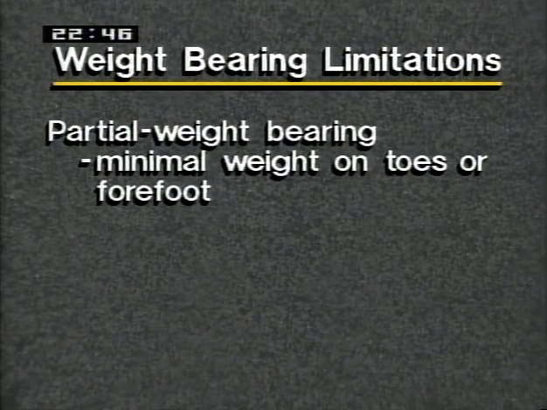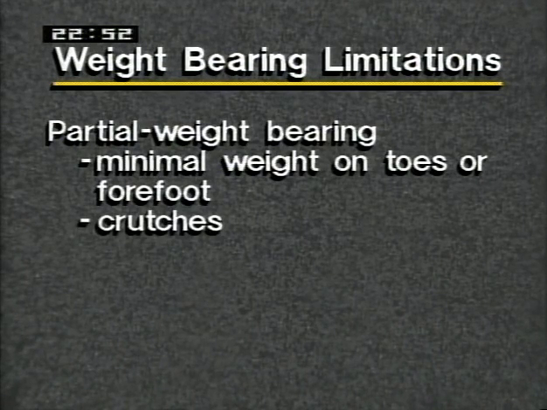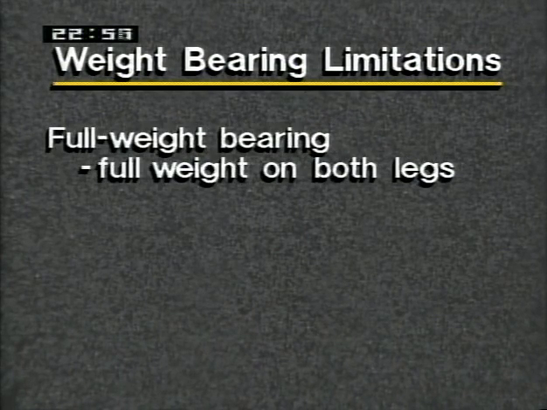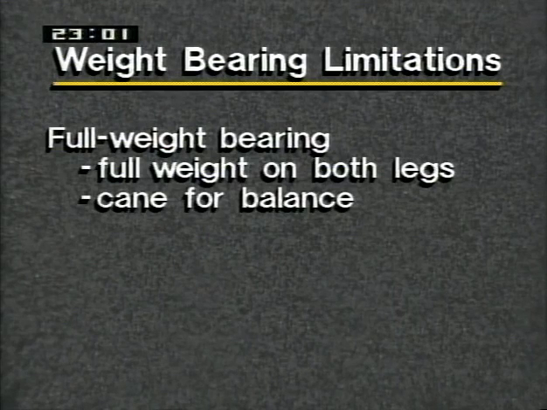Partial weight bearing means that minimal weight can be placed on the toes or forefoot. A patient can use crutches, but most often a walker works better. In full weight bearing, full weight is placed on both legs. This patient uses a cane, primarily for balance, but not for weight bearing.